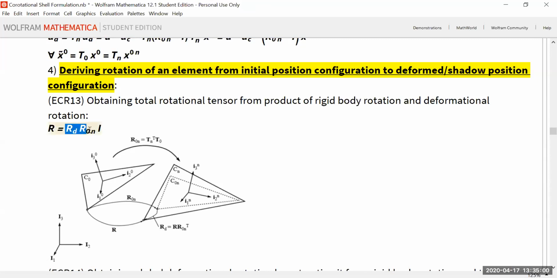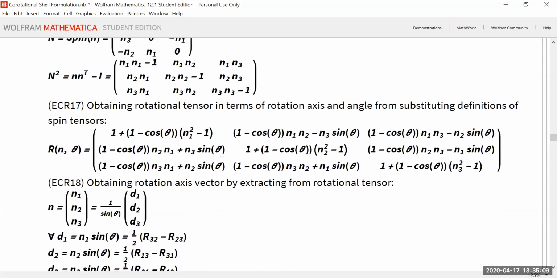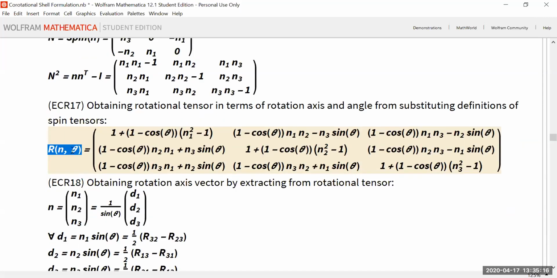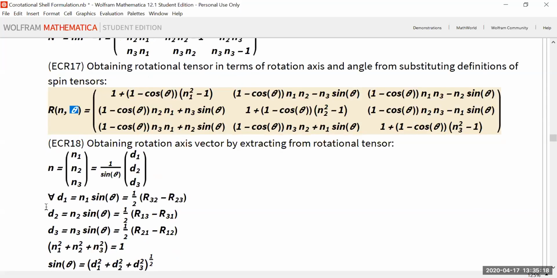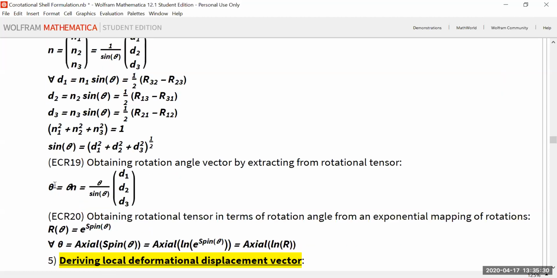So it's just a product of these two. So that's what you see here. And this rotation tensor is composed of two things, this n and this theta. And this n is the rotation axis vector, which is dependent on your displacement and rotation. And then this rotation angle is also dependent on that.